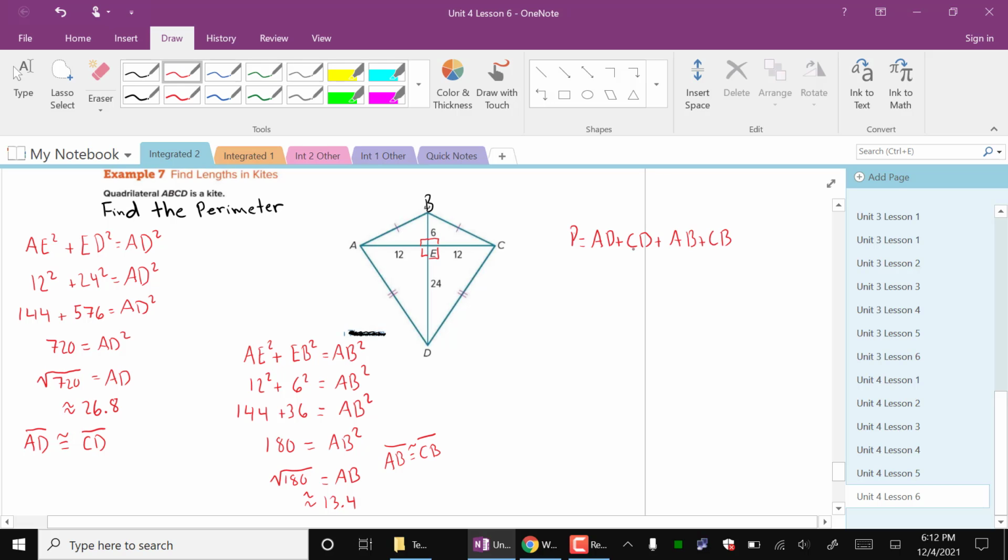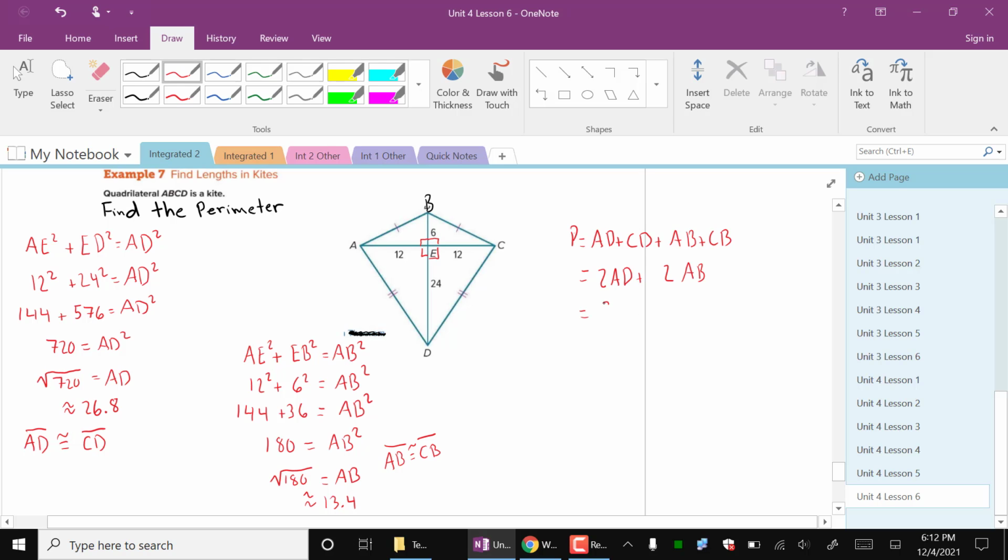But as we said, this is this, this is this, so we get 2AD plus 2AB. Because these are the same, I can add them together.